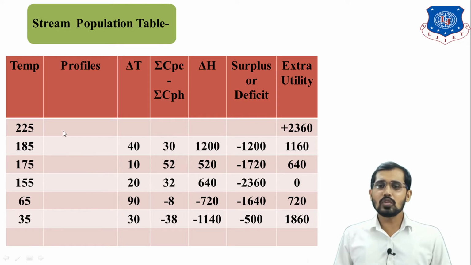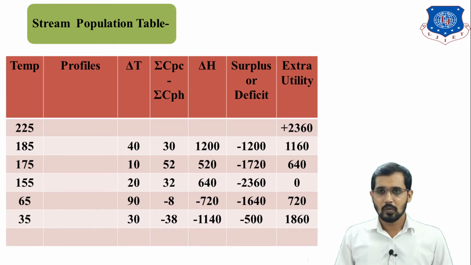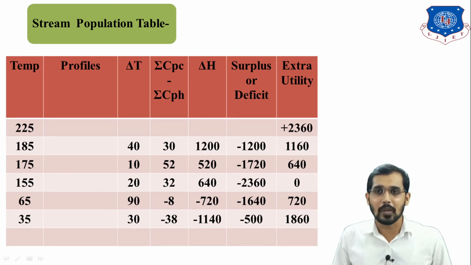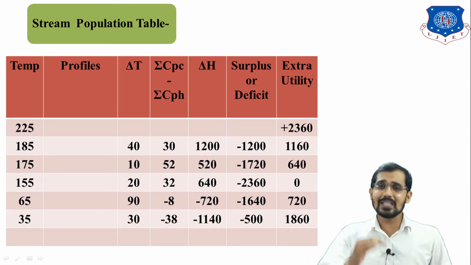But how to solve this? In the previous slide I told you how to find the shifted temperature. Now we are going to use that shifted temperature in this stream population table. You have to write down this temperature, which you can see in the first column of this figure, in decreasing order.